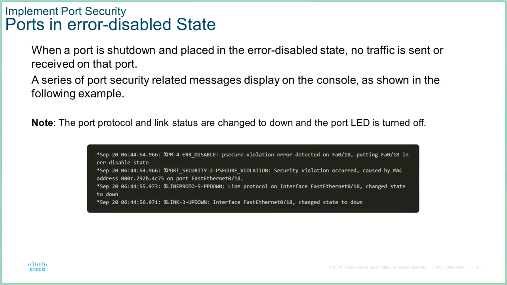So what you should see on the port with the error disable state going in. So you'll get an error disabled notification, and then you'll get a security violation notification, and then you'll get the usual shutdown notifications.